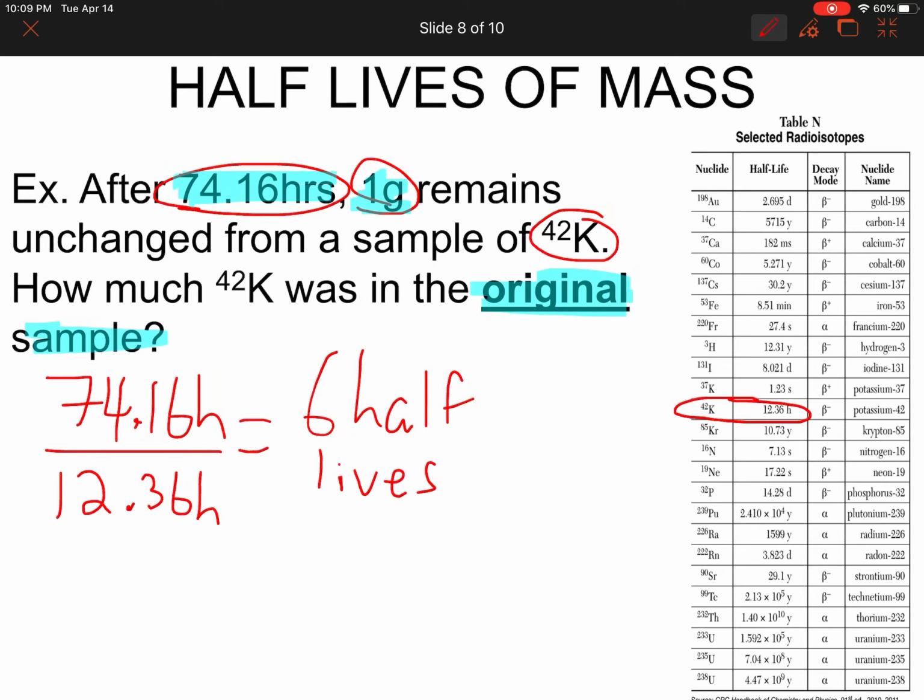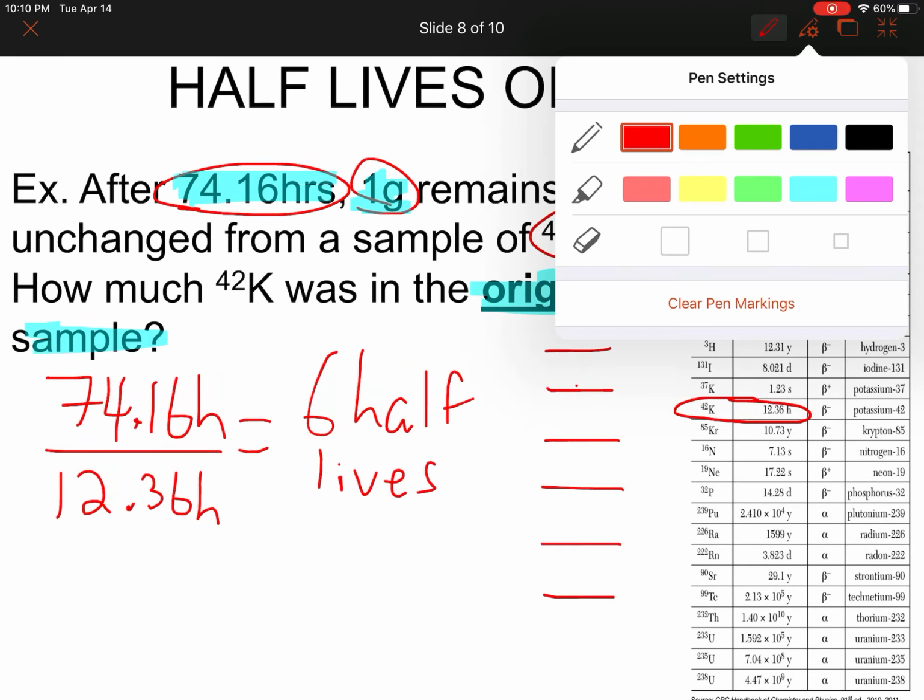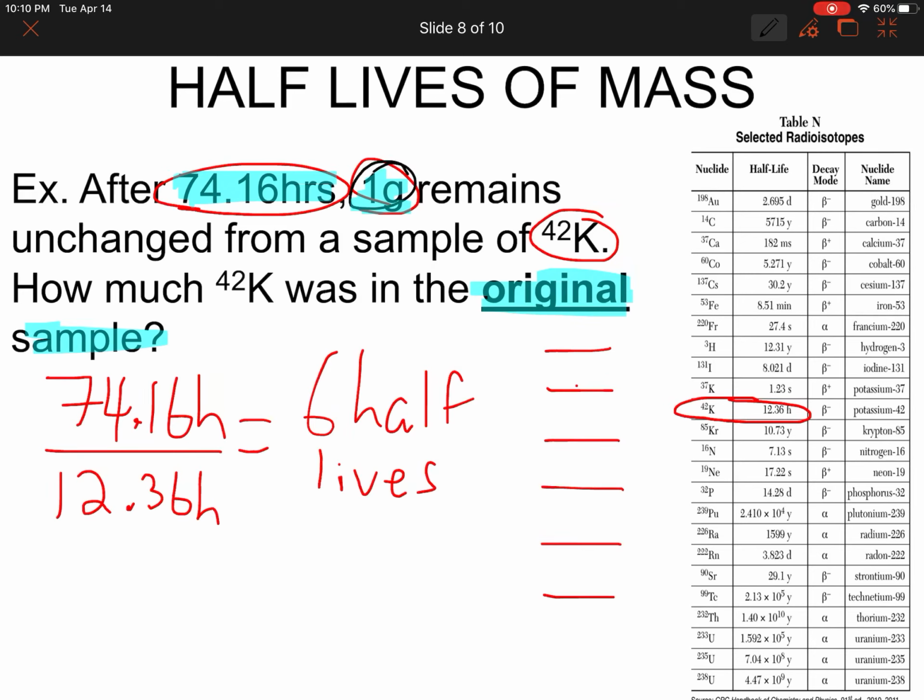Now, that means how many lines we draw. Well, we're going to draw how many lines? 6. 1, 2, 3, 4, 5, 6. 6 half-lives, guys, all right? So 6 lines. Well, what's the mass we start at? Well, we start at 1 gram. That is the mass we start at. It says, what was the original? So that means we're going to multiply by 2.